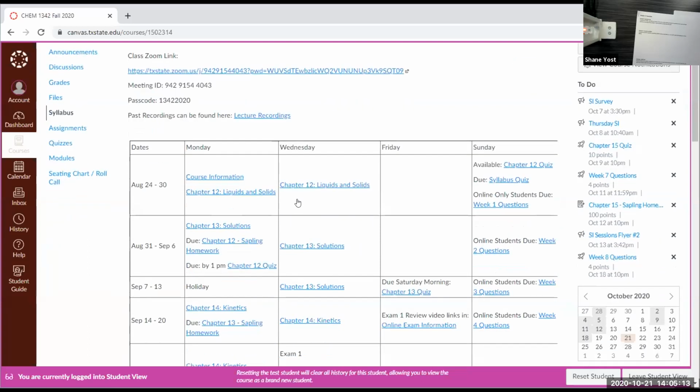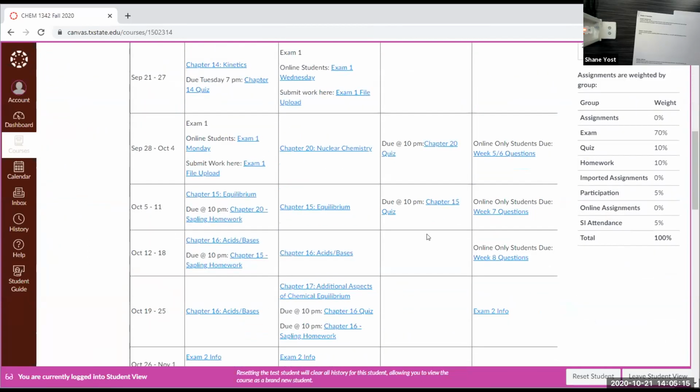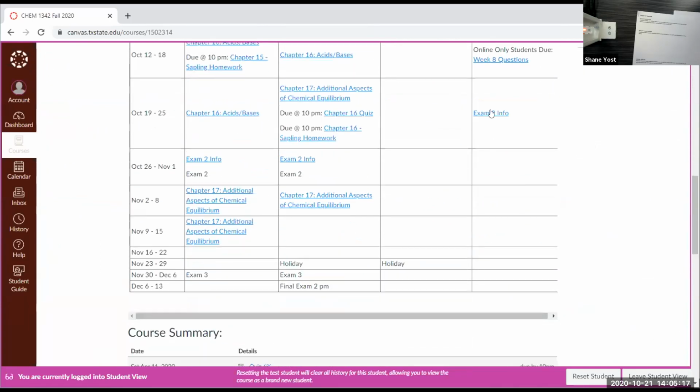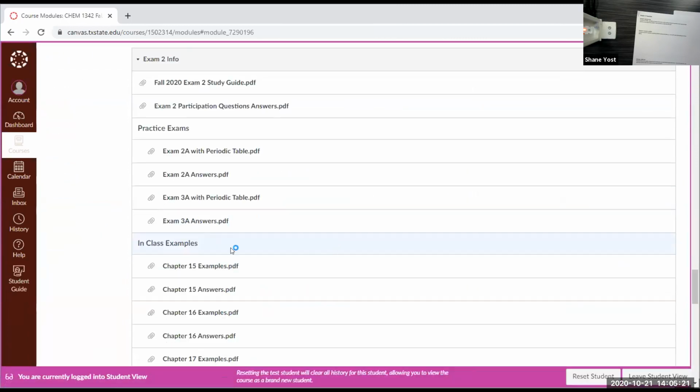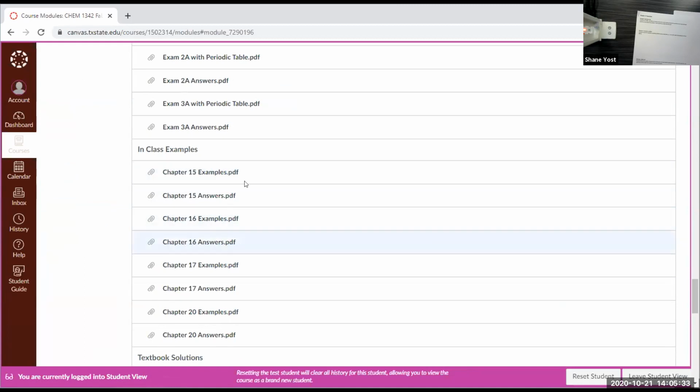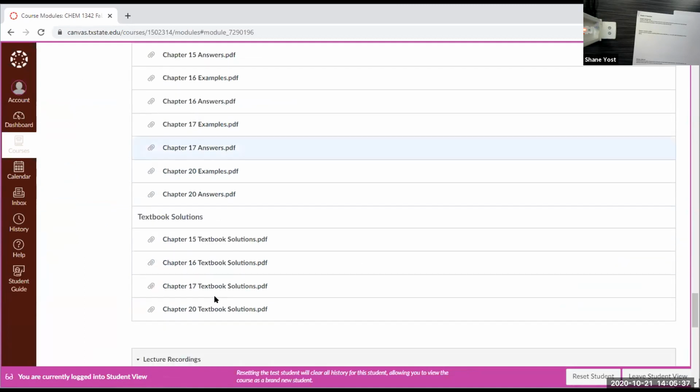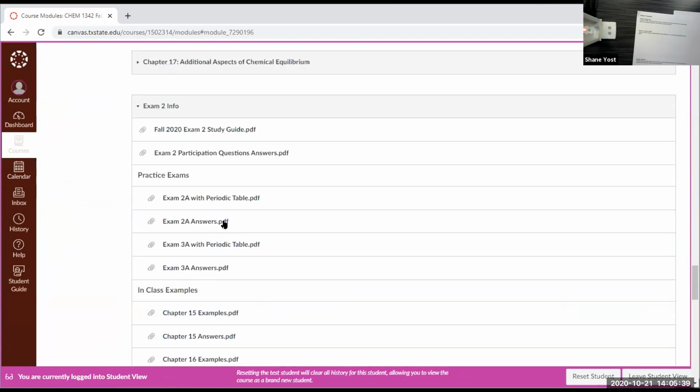I linked the module and the calendar as well, the exam 2 info module. It has the study guide that was uploaded, as well as answers to participation questions given in class, and practice exams relevant to this exam. The in-class examples and their answers that we've been going over, and the textbook solutions are all linked there.